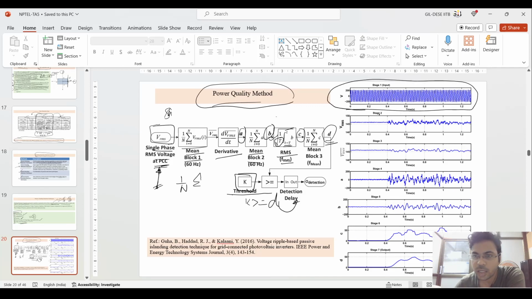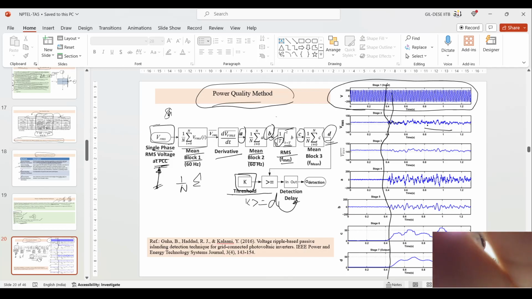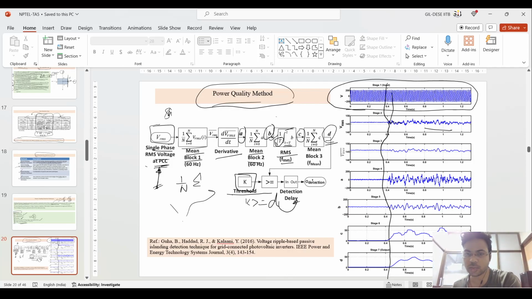If you see the right side image also, this is a normal voltage curve at the point of common coupling. Suppose at 0.4 second, this islanding situation is occurring. You see the RMS voltage is fluctuating, but you cannot tell that this is an islanding situation.